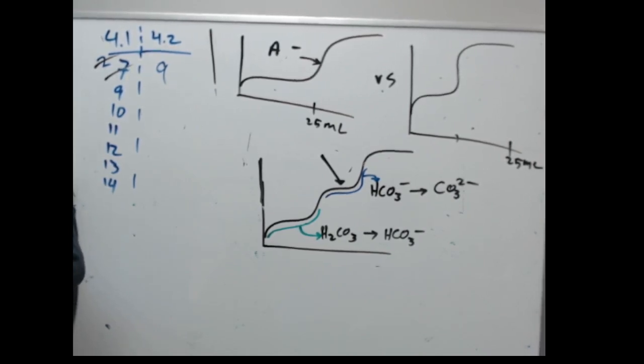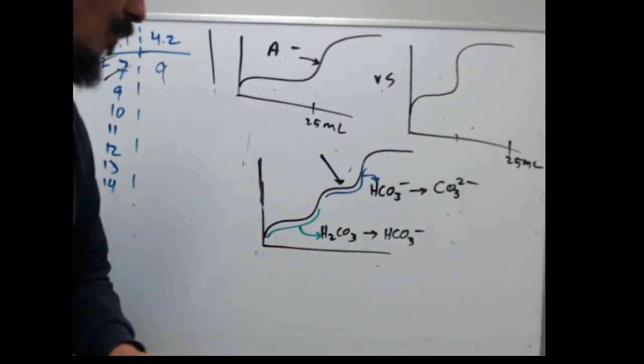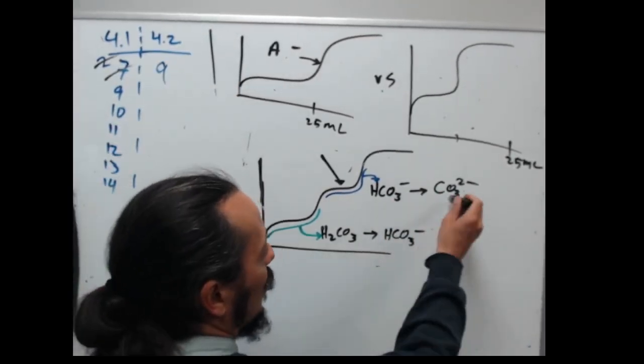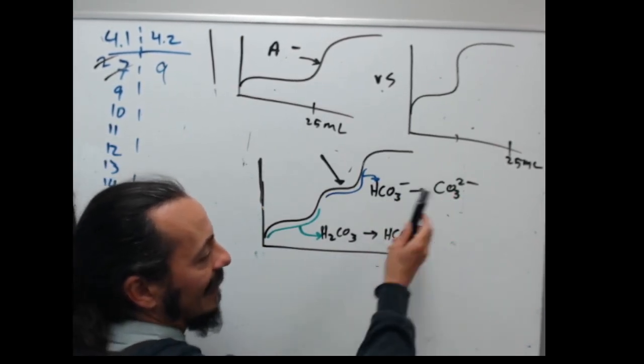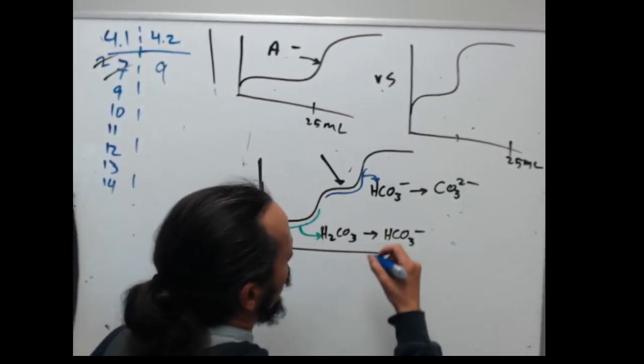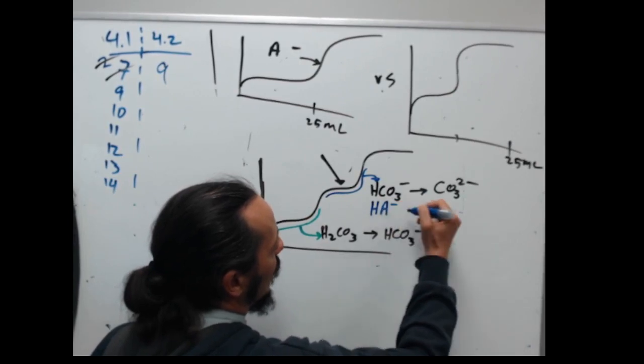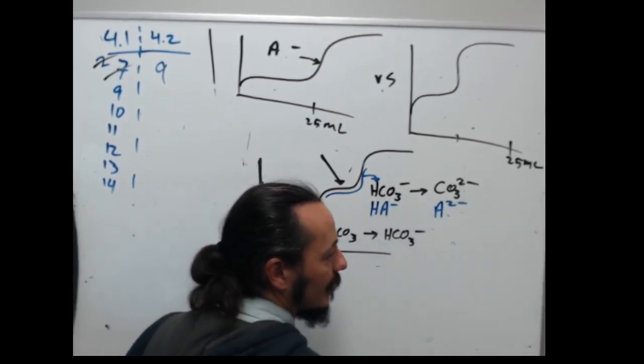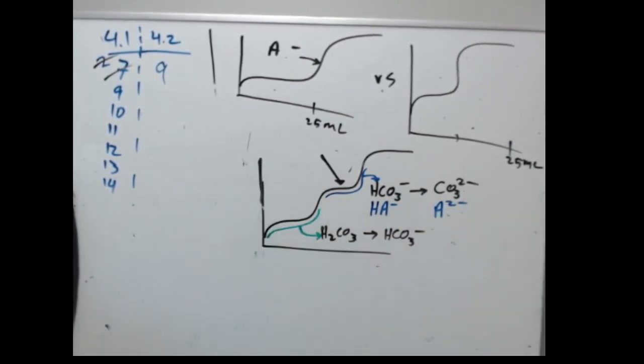So we're at this point where we're in a buffer range for a polyprotic system. The way I would write this down: I'm going to have a weak acid with its conjugate base, but it's going to be an HA minus and an A2 minus. We're going to have two things present when we're in the buffer range.